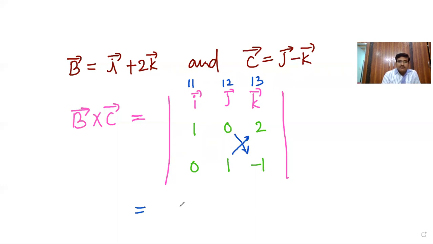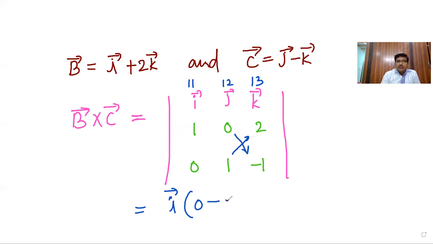0 into minus 1. First one, here I put i bar. 0 minus 1 is nothing but how much? 0 minus 1 into 2. 1 into 2, how much?